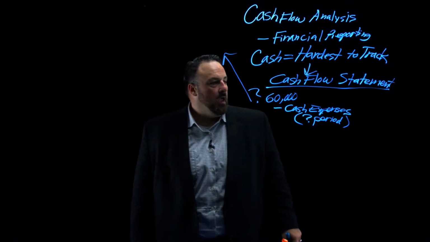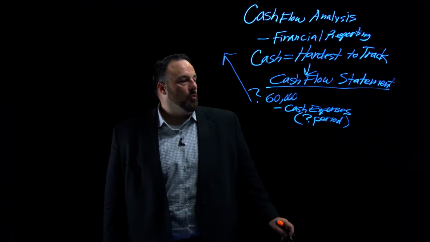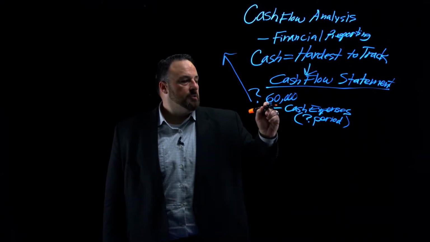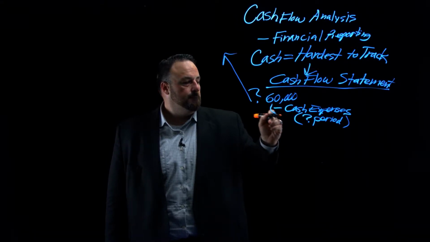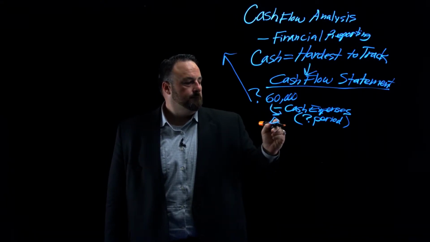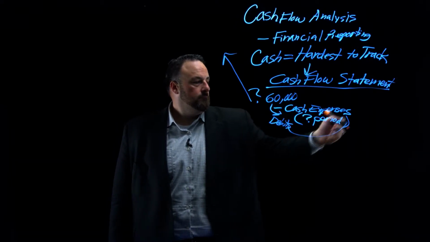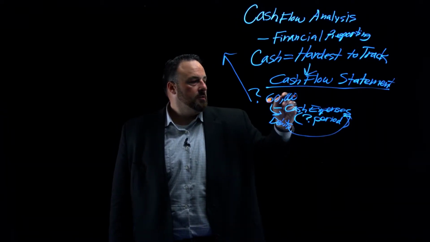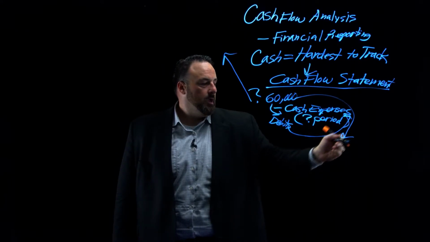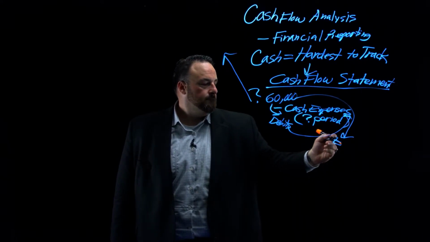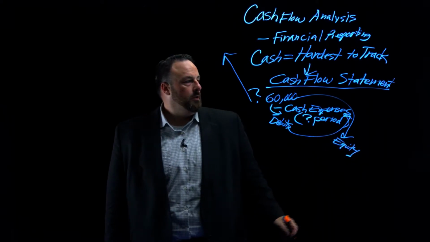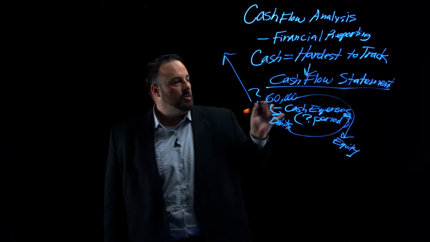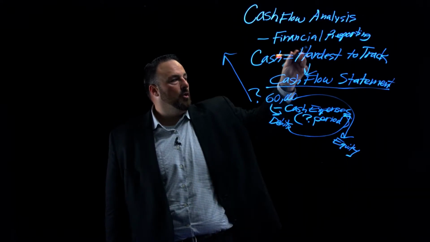And now we need to know where it went during the period. So we use cash to pay some debts, and we also used cash to store some away. Now, that's huge. We need to know where it went at all times. And like I said, it's the hardest to track.